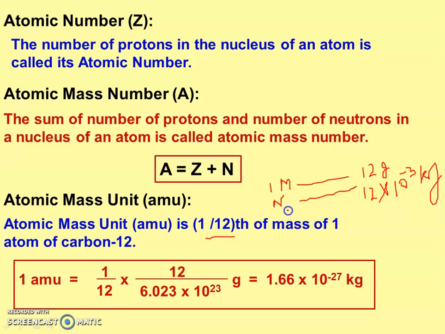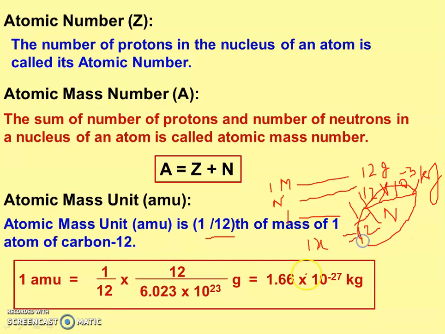It means the mass of one carbon atom should be equal to 12 into 10 to the power minus 3 divided by N, where N means Avogadro number. So, 1 amu or 1 unified atomic mass unit should be equal to 12 into 10 to the power minus 3 divided by N, and now we divide this factor by 12. So, 1/12 of one carbon atom mass is the unified atomic mass unit.